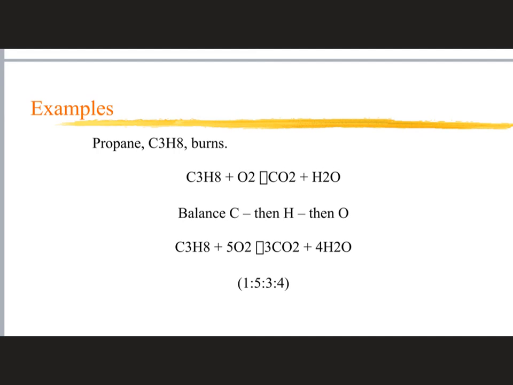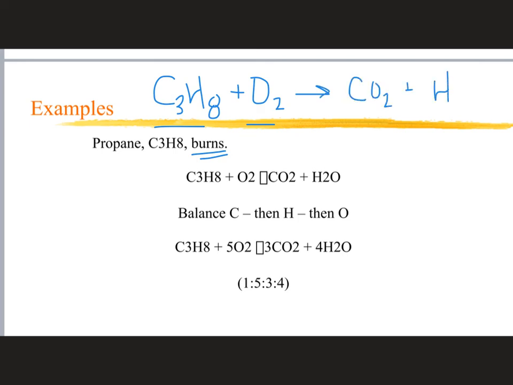Alright, so for this one, we have a hydrocarbon, C3H8. Burning means it must be reacting with oxygen. So this now is a hydrocarbon combustion, with O2. So my products I know are CO2 and H2O. So I'm going to balance with carbon, then hydrogen, then oxygen. If there's 3 carbons on the left, I know I need 3 carbon dioxides.